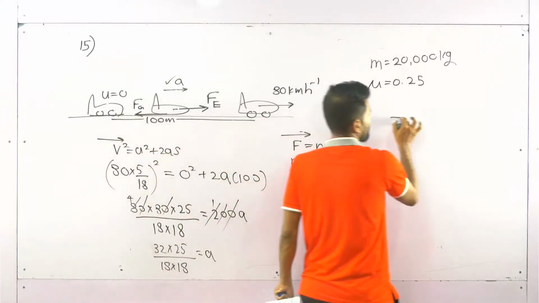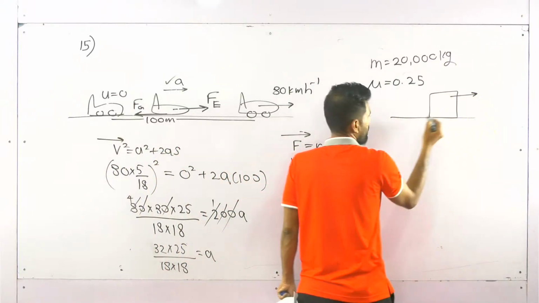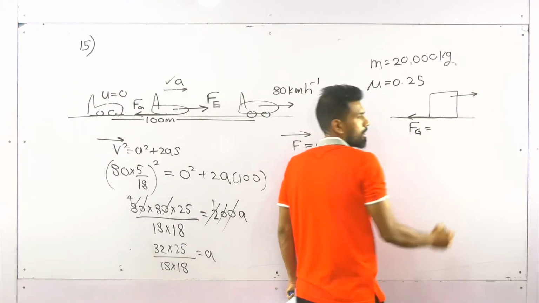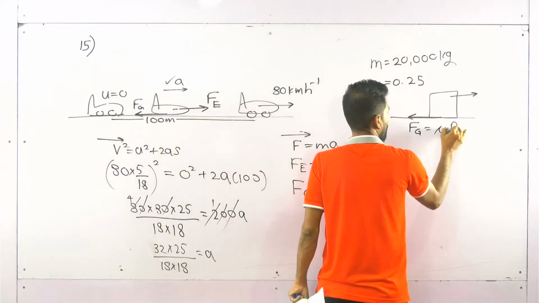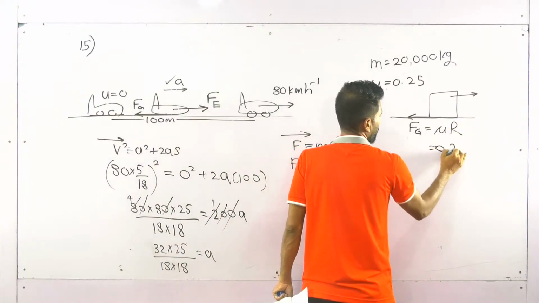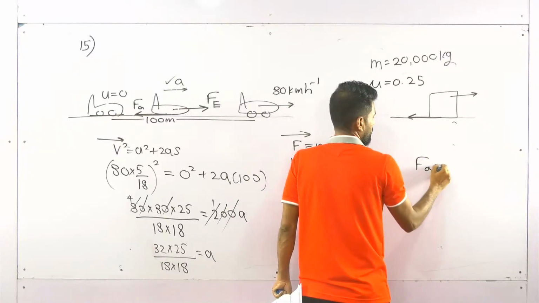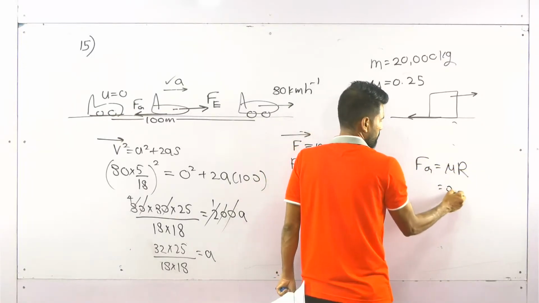When an object is on the ground, when it tries to move forward, friction will act in the opposite direction. When the object is in motion, friction is equal to mu R. Mu is 0.25.